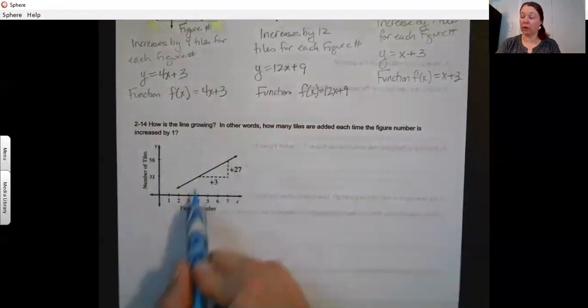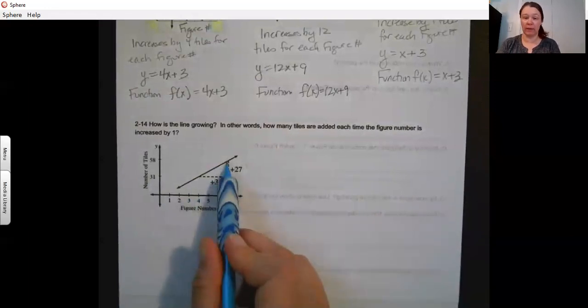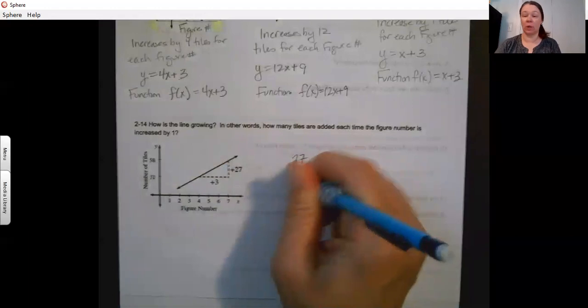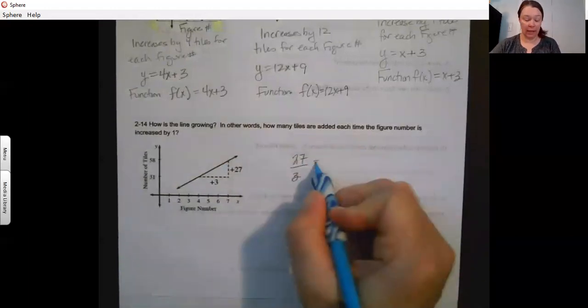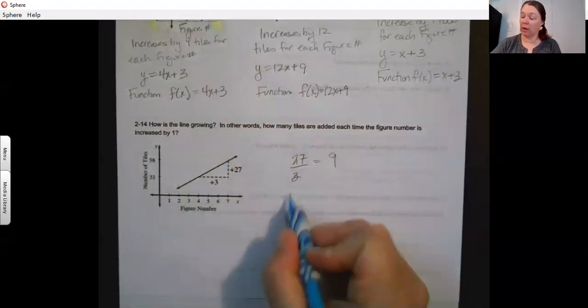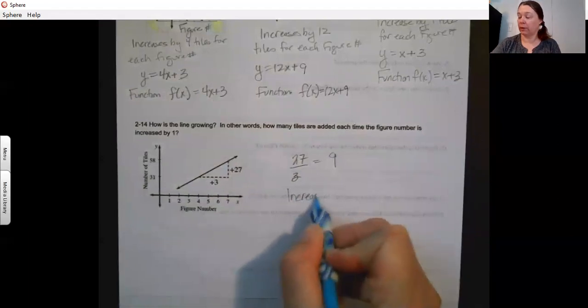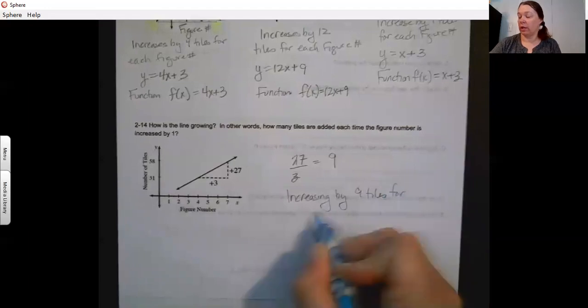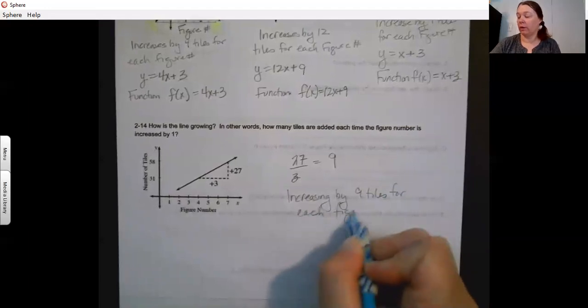So think about that. If every 3 figure numbers it increases by 27, how much does it increase for one figure number? I could just divide 27 by 3 and say 9, right? So it's increasing by 9 tiles for each figure number.